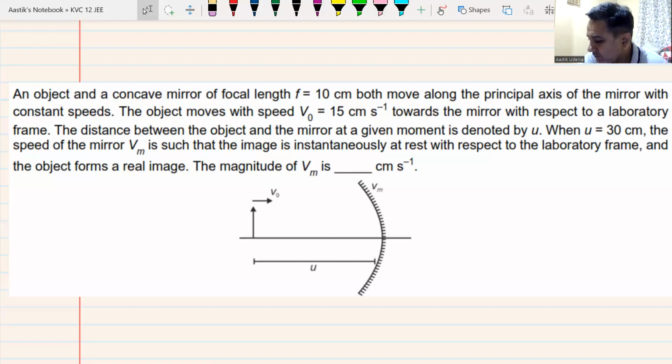Anyone with an answer? See, if the mirror was stationary, you knew the answer straight away. But what if the mirror is not stationary? What changes do you think you need to make in the revolutionary formula that I gave you? That is what you need to think.